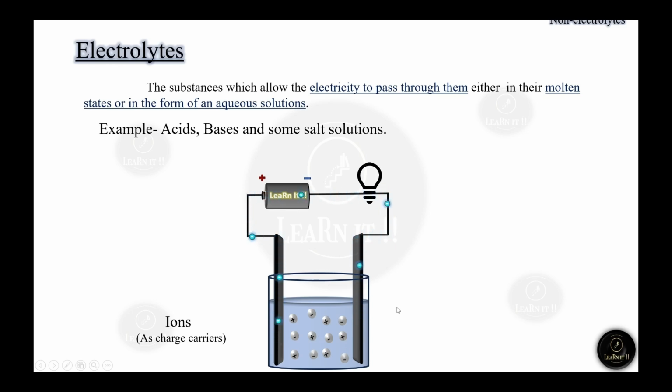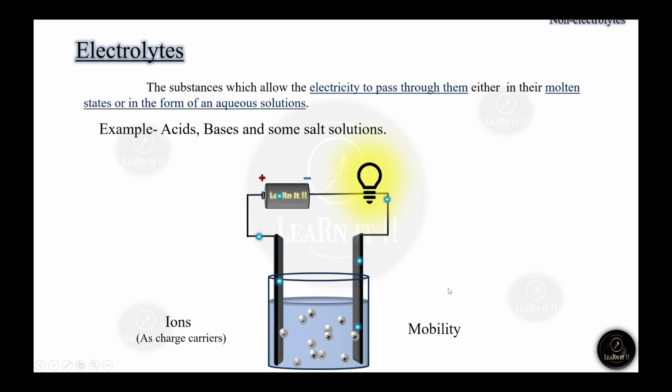There must be migration of ions towards the electrodes. The cations move towards the electrode connected to the negative terminal, and anions move towards the electrode connected to the positive terminal of the battery.